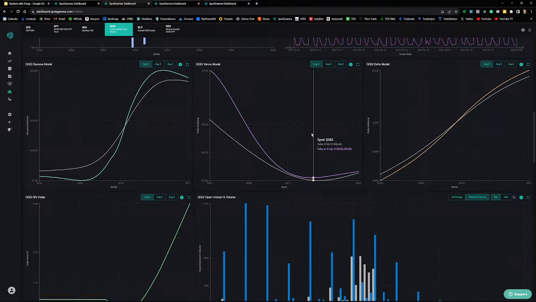So right now QQQ is trading at around 376, 377. Remember, 373 was the low of the day. So there's definitely been a Vanna tailwind. As price increases and implied volatility drops, market makers can buy back their short hedges either with QQQ or in Q futures.